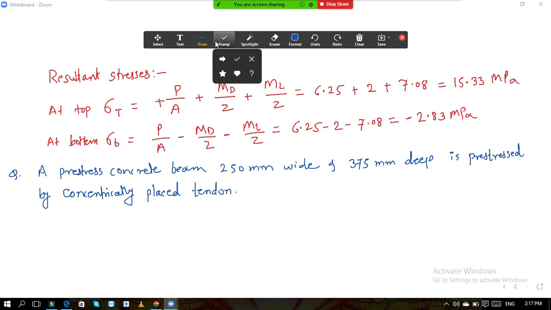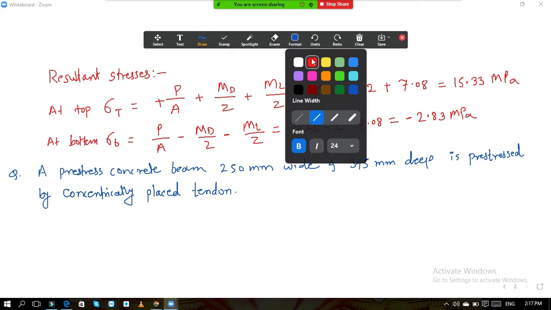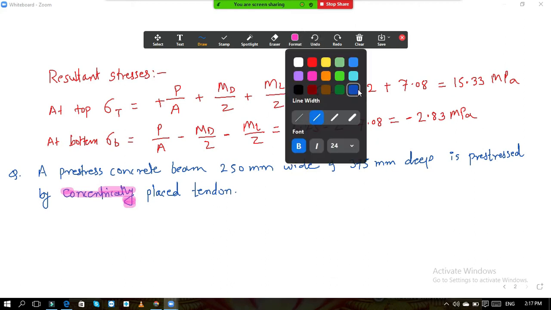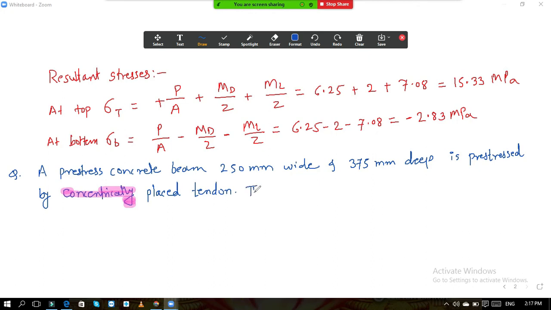So this is the important word. The span of the beam is 9 meter.